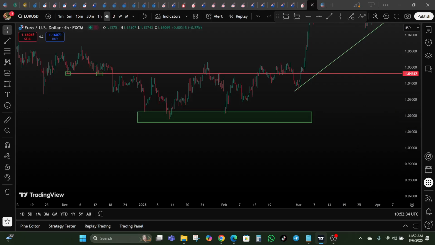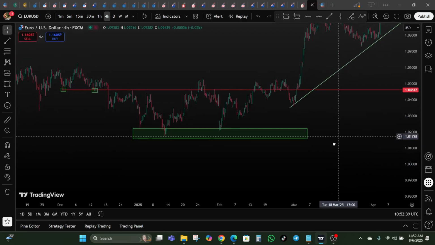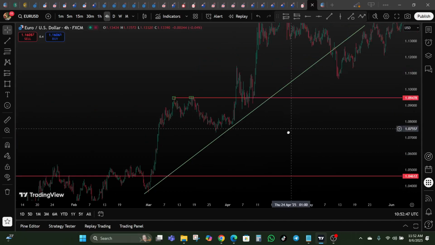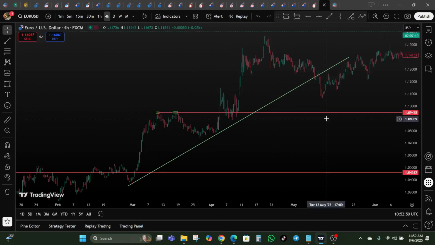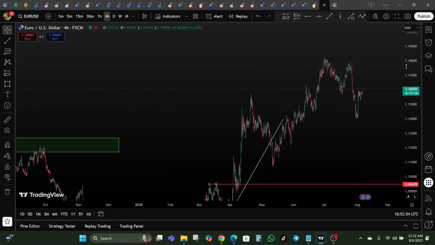Now, the power of liquidity trading comes when you combine it with market structure. So here's the step-by-step process. First of all, you need to identify the trend or the range. So let's just go to the current price activity.